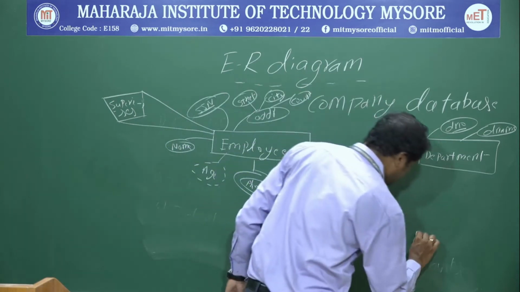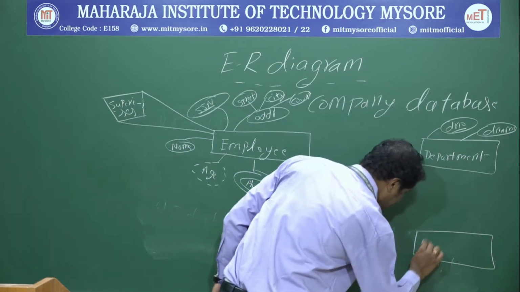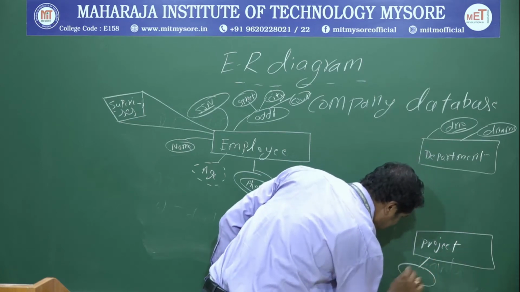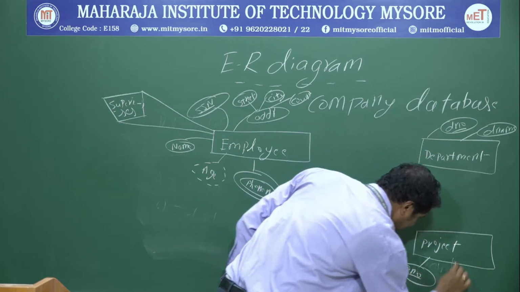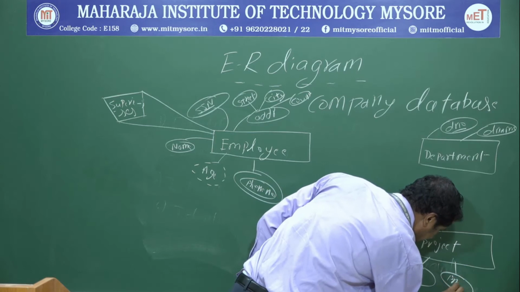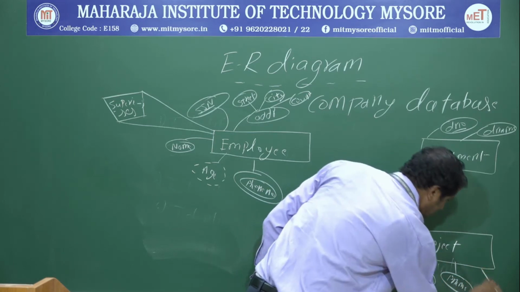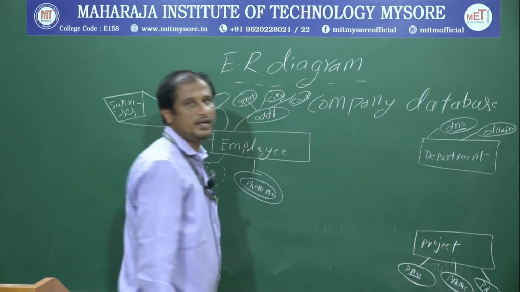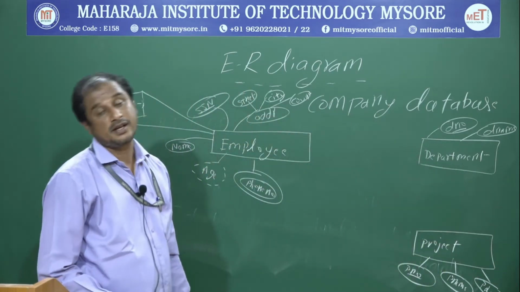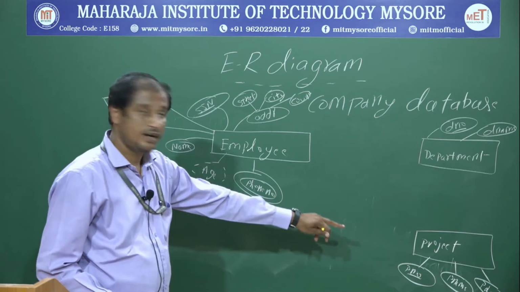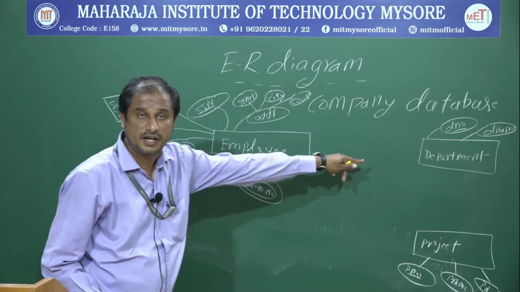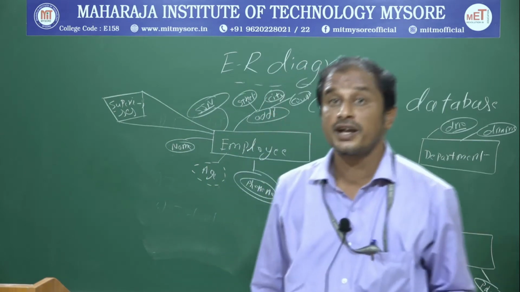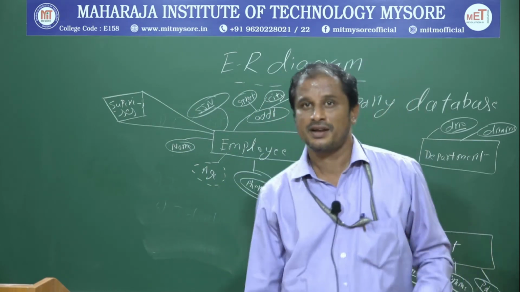Then I will go with project, with P number, P name, and P location. So I have identified project and department as entities. These are strong entities in the ER diagram.